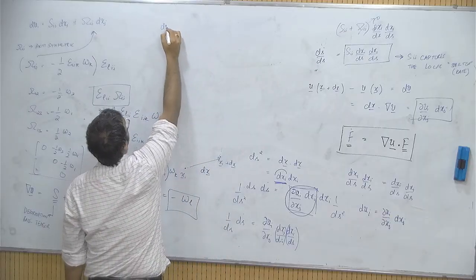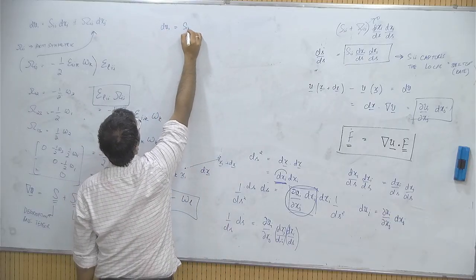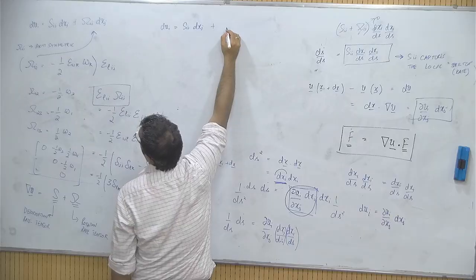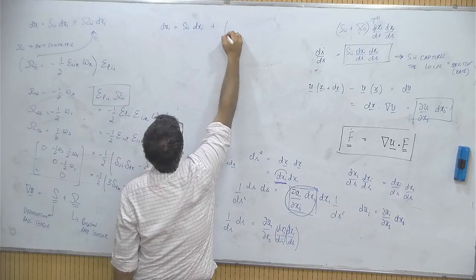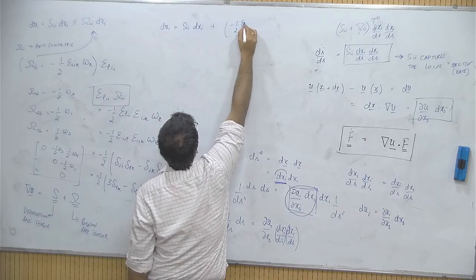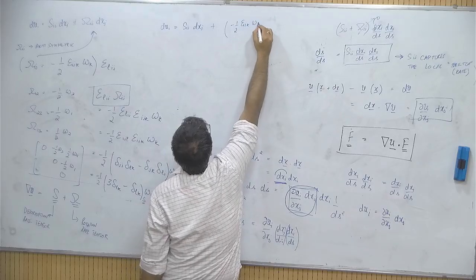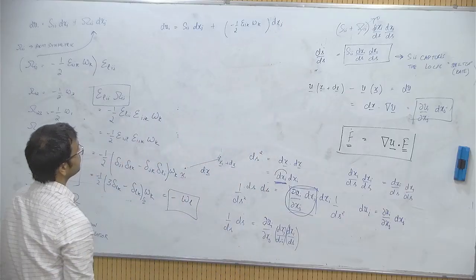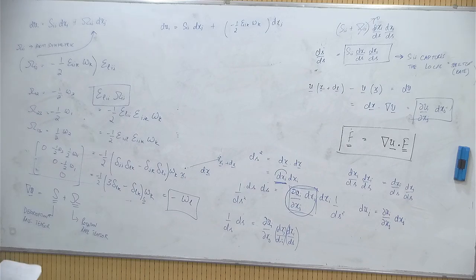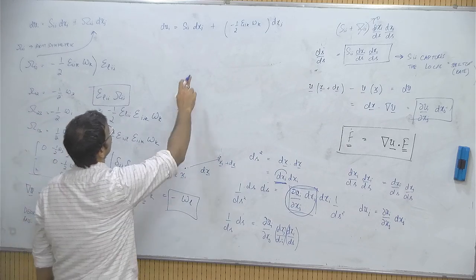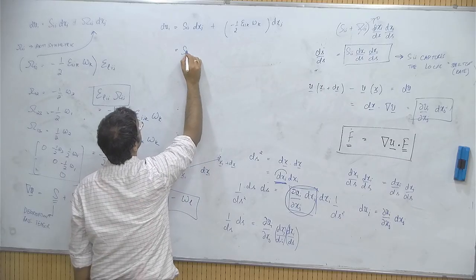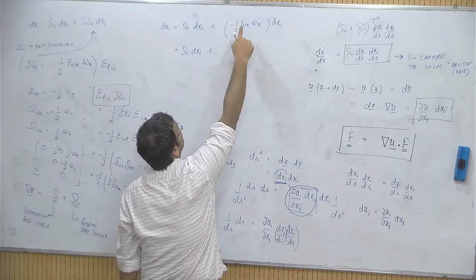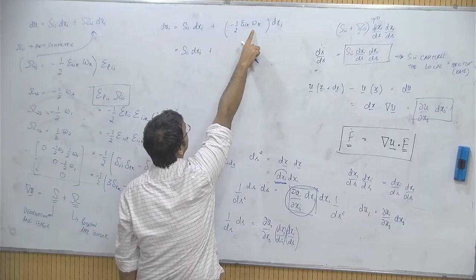So we get dui equals Sij dxj plus minus half epsilon ijk omega k dxj, which I can write as, so this minus I can convert to plus if I change the cyclic order of epsilon ijk.